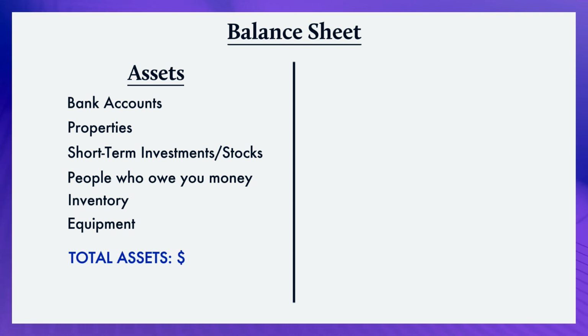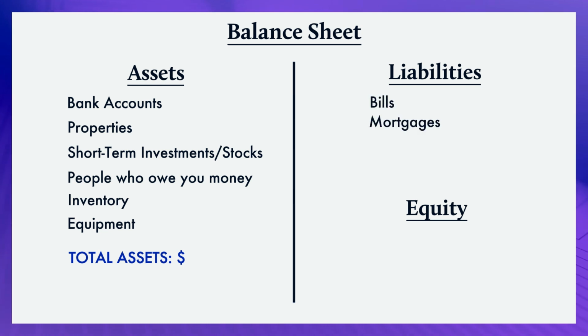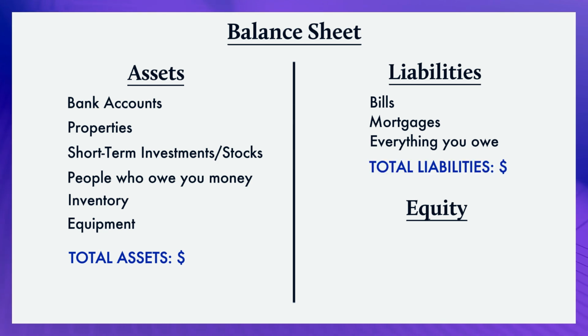The second section has the liabilities and the equity. They add up liabilities, all your bills, all your mortgages, everything that you owe, because you have to remember, liabilities are what you owe, assets are what you have. They add up all those liability numbers together and you get total liabilities. They do the exact same thing with equity.